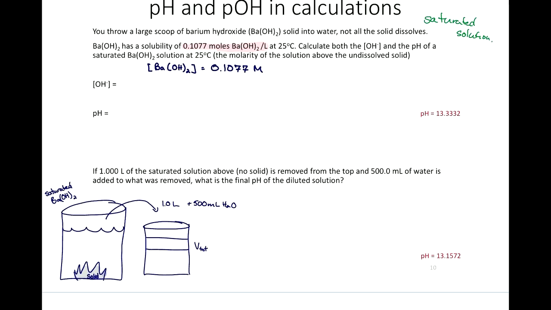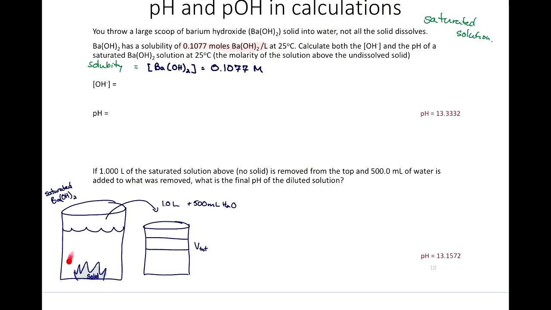All right, so I'm telling you that the solubility of this solid barium hydroxide is 0.1077 moles per liter or 0.1077 molarity, because that's what molarity means. It's moles per liter. All right?